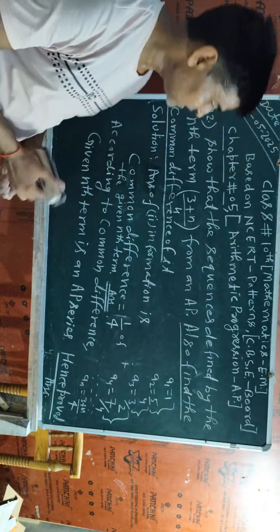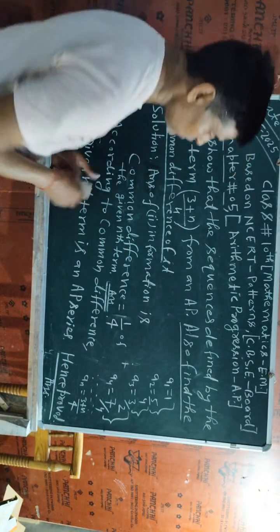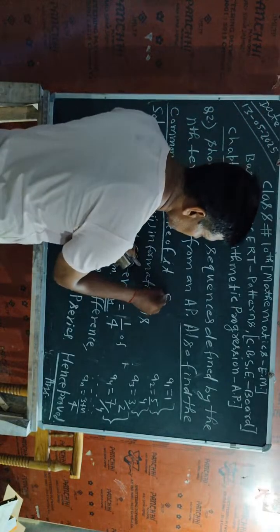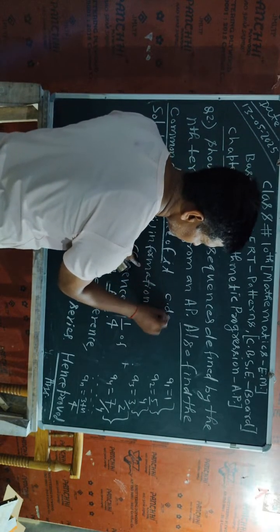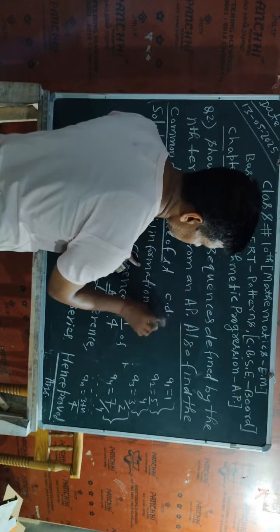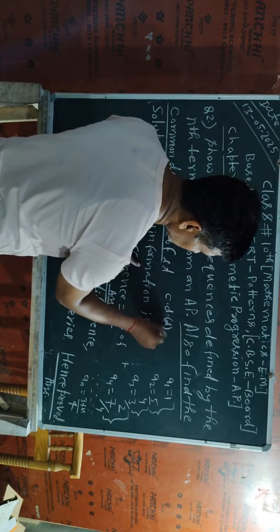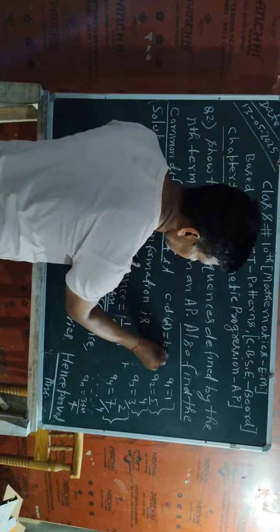Okay students, so finally I am going to write the formula for how to get the common difference. It is written in short form as CD, and it is also written as small d, which is equal to b minus a.